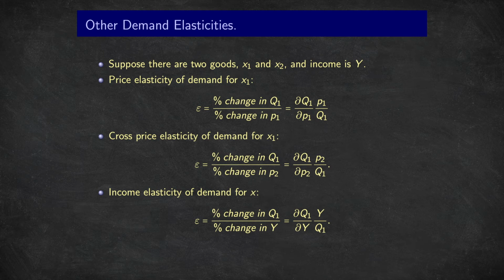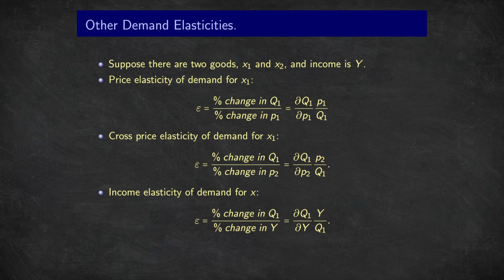Another form of elasticity is called cross-price elasticity of demand for X1. Here we can envisage another good, let's call it X2, which has a price P2, and discuss the responsiveness of the demand for good 1 with respect to changes in good 2's price.